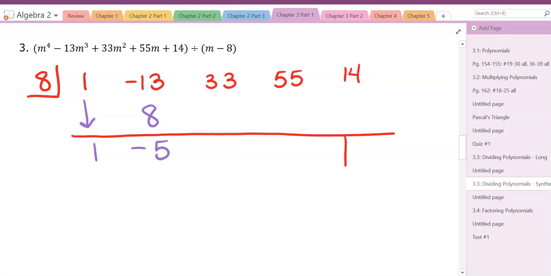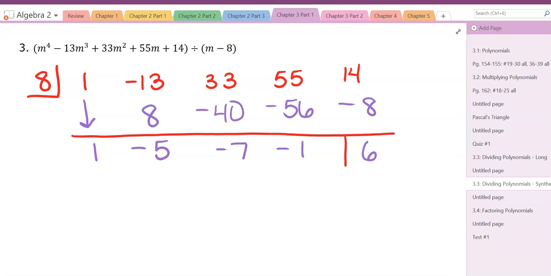Times 8 is -40. Plus 33 is going to be negative 7, times 8 is negative 56, plus 55 is negative 1, times 8 is negative 8, plus 14 is 6.